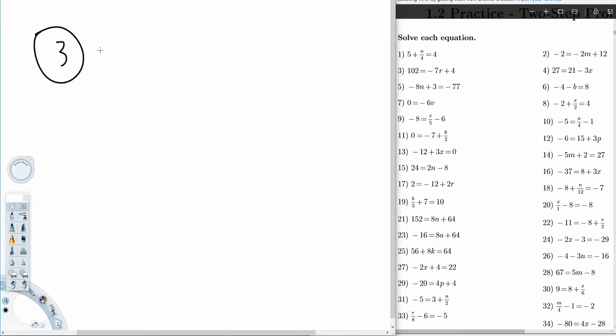Moving along, 102 equals negative 7r plus 4. We want to get rid of this plus 4, so subtract 4 on both sides. 102 minus 4 equals 98, equals negative 7r plus 4 minus 4, which is 0. We're left with negative 7r.